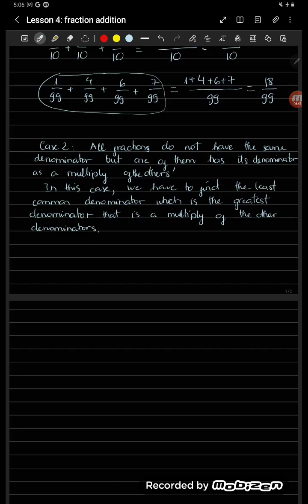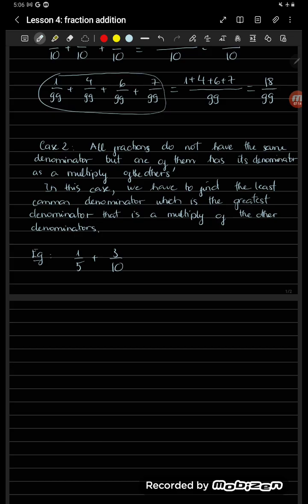So let's go over an example, then it's easier to see. We'll start with an easy example. If we have 1 over 5 plus 3 over 10, you can see those fractions have different denominators. 1 over 5 has a denominator of 5. 3 over 10 has a denominator of 10, right?